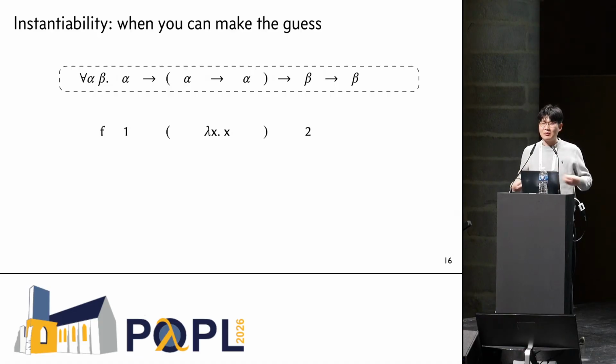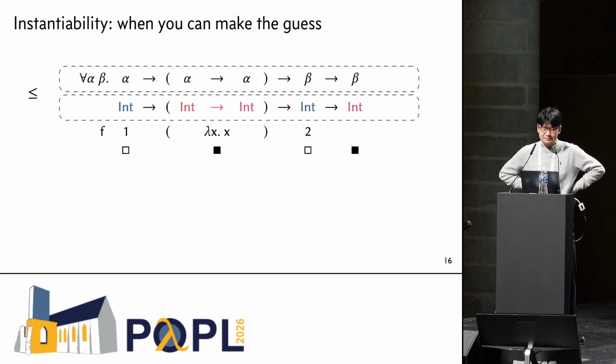By using our application rules, because we want to collect more contextual information, we can collect the contextual information for the f, then we are able to make the guess for the solution of beta and alpha, and to make the following subtyping hold.